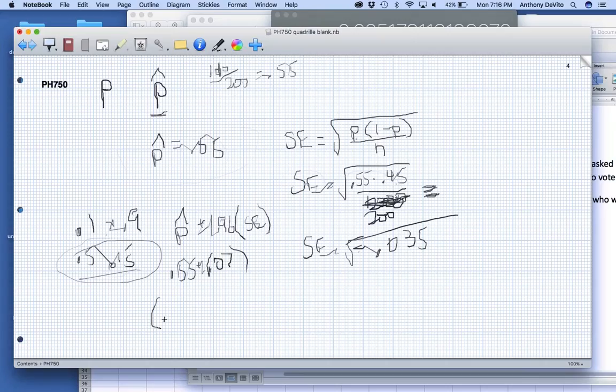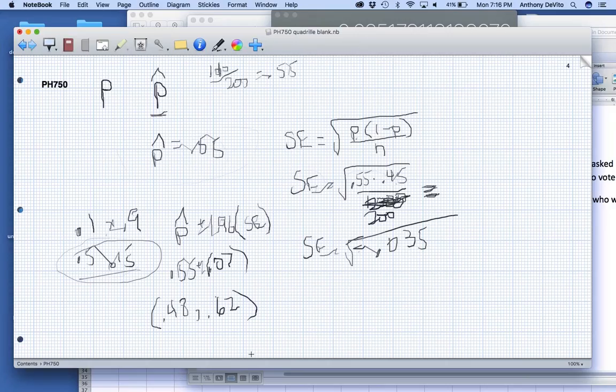So our confidence interval is going to be 0.48 to 0.62. So we're 95% certain that the true proportion of the population is between, going down pretty low there, right? Is between 0.48 and 0.62.